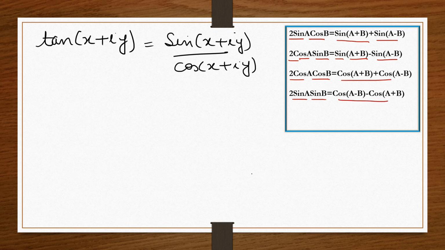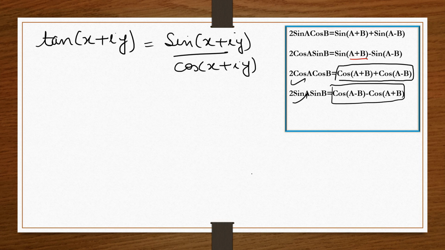Now just observe these formulas. You can easily see that in the last two cases we have only cos, right? And in case of cos, we don't get iota. If you have cos iota x, that will be directly equal to cos x. Iota will not be there.